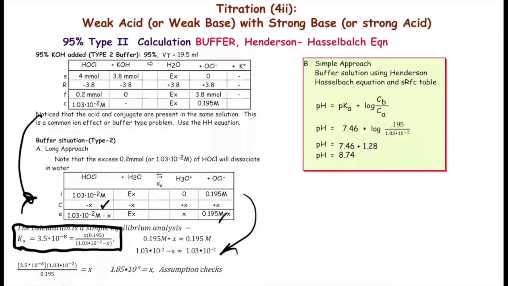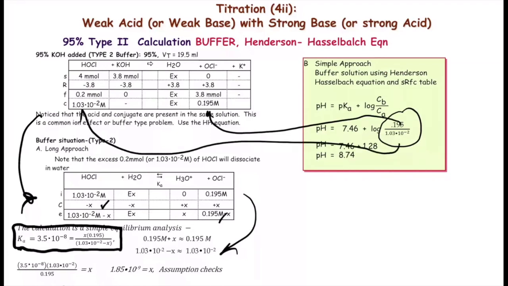This is the Henderson-Hasselbalch equation. Notice all we're doing is using the concentration of our conjugate base and the concentration of our acid. When we take that ratio, take the log of that, and add it to 7.46, we get 8.73. When I did the ICE table, I got 8.73.